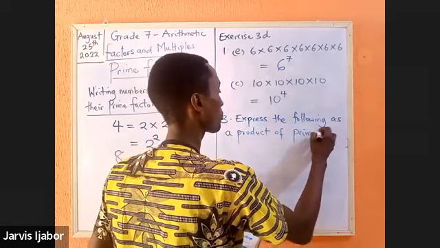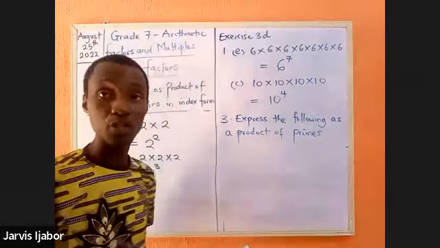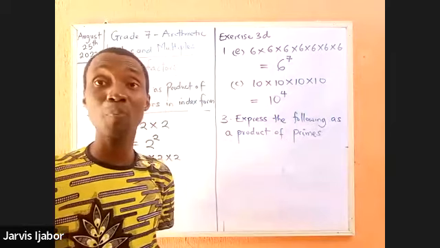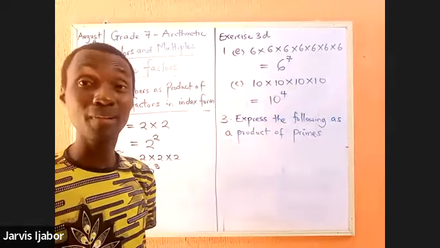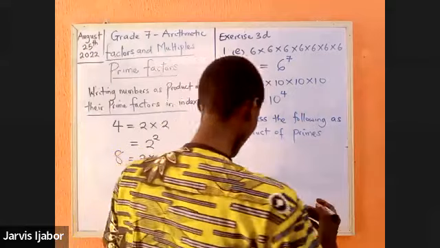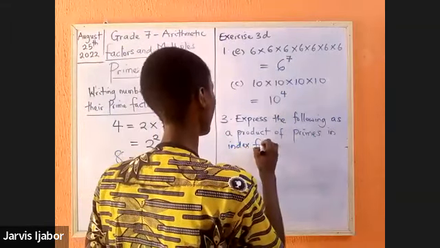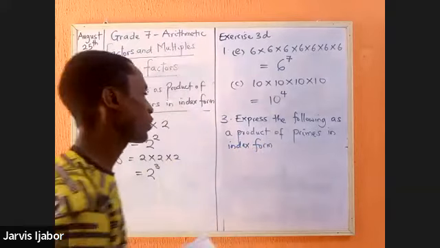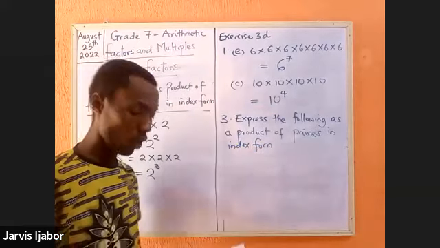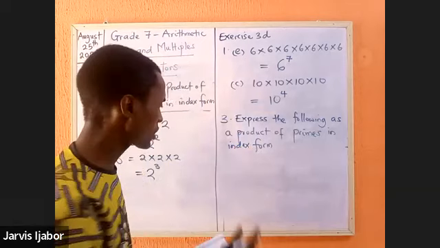Now, when the word primes is used, it also means prime numbers or prime letters. So primes in index form. Express the following as product of primes in what? Index form.